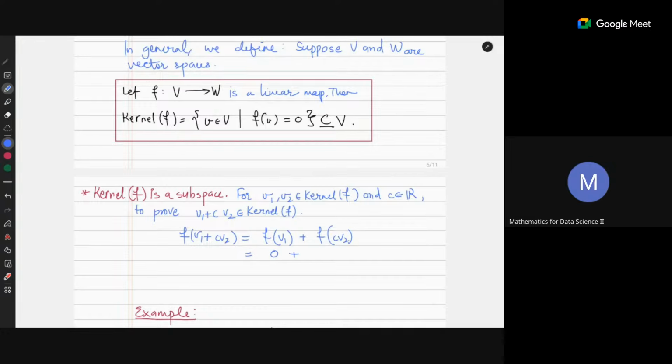For the second vector, you apply scalar multiplication, the scalar can be taken out, and that will be 0 again. Addition of 0 and 0 is equal to 0. You get this, which implies that F of v1 plus alpha v2 is in the kernel of F, which implies that the kernel of F is a subspace of V.